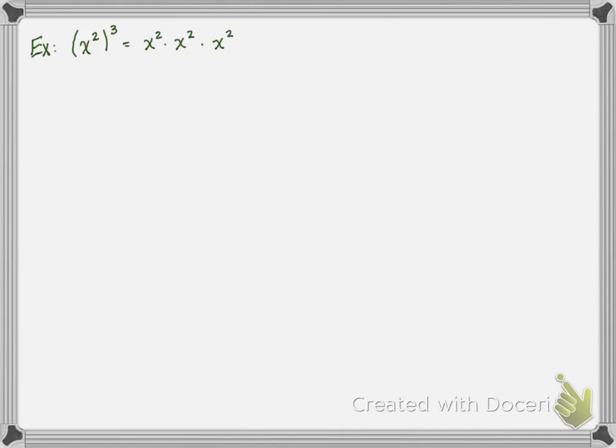So my product rule says if I have the same base, I can add my exponents. So this is going to be x to the 2 plus 2 plus 2. But that looks like I'm just adding 2 repeatedly.